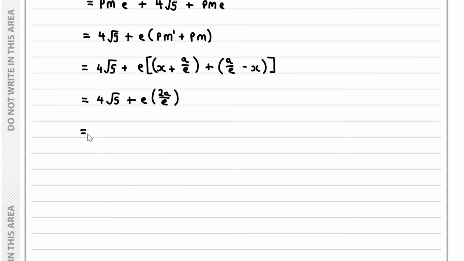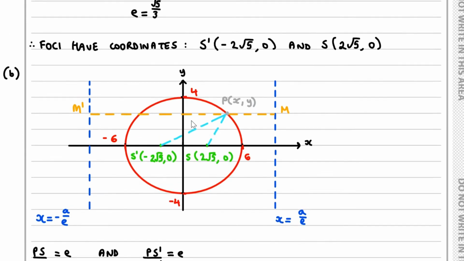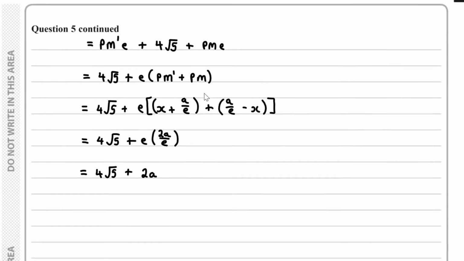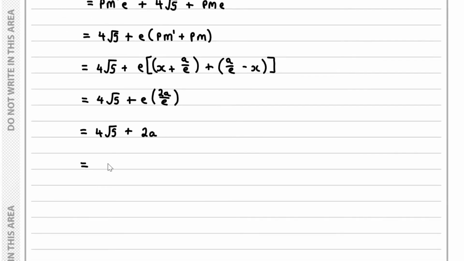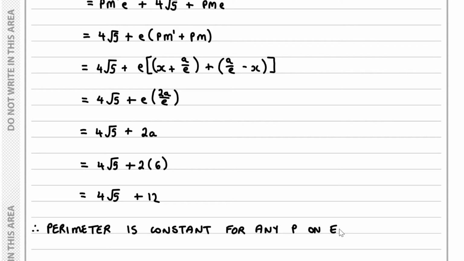So we have 4 root 5 plus 2a, and knowing the fact that a, if we go back, is equal to 6, we have 4 root 5 plus 2 lots of 6. Indeed, the perimeter is equal to 4 root 5 plus 12. So therefore, the perimeter is constant for any P on E.